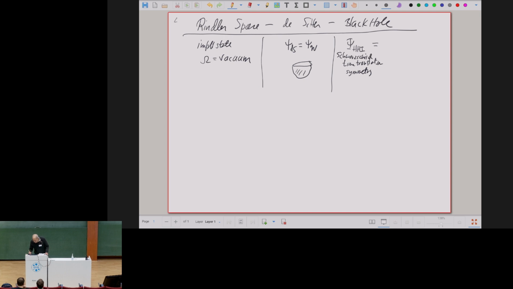It also has rotation symmetry. That's more trivial. But it has time translation symmetry, but it also can be created by, in a way I'll explain, a path integral in half of the space. So that'll be the analog of this relation for de Sitter space and of the properties of the Minkowski space vacuum in the case of Rindler space.